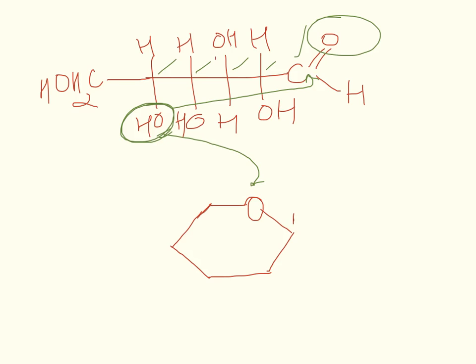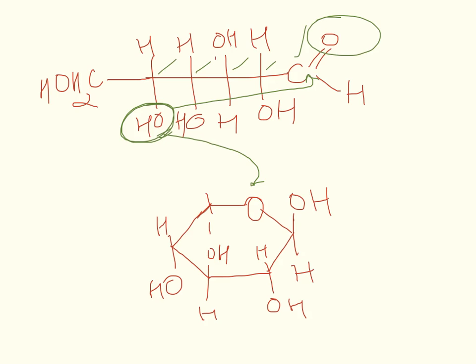So then H, H, OH, OH, H, H, OH, and of course this one has an H and CH2OH, and so this is your hemiacetal. Okay, this is the cyclic hemiacetal structure.